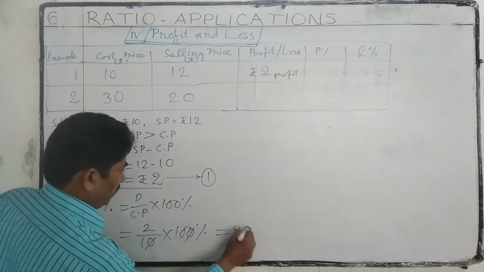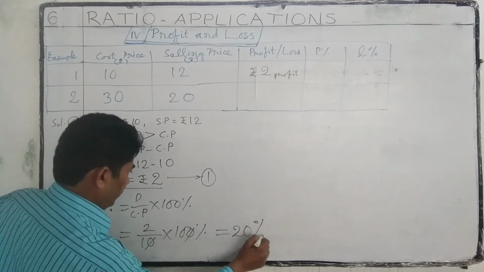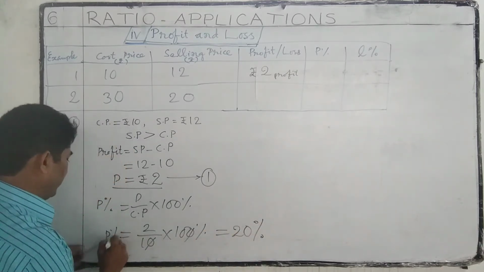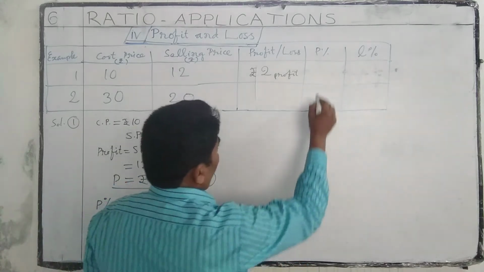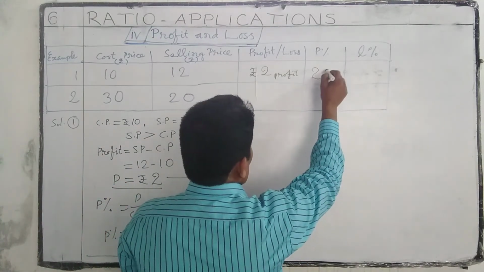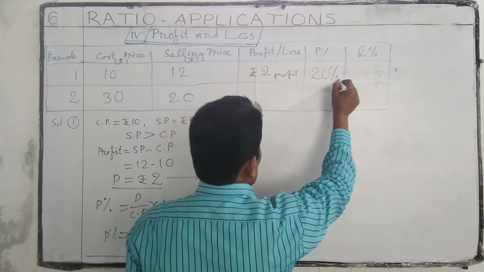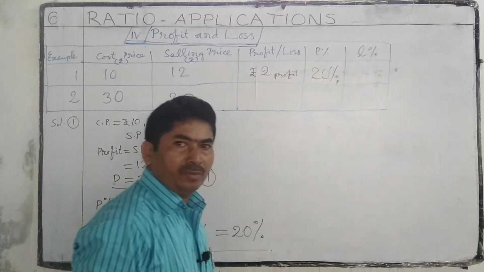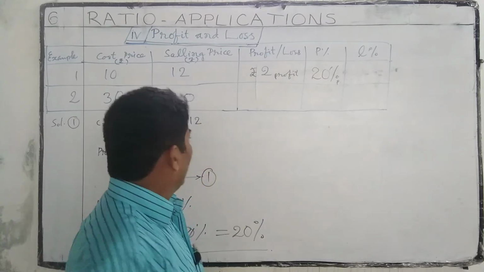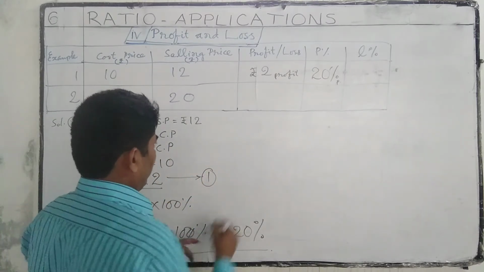This is profit percentage. 20% is profit.